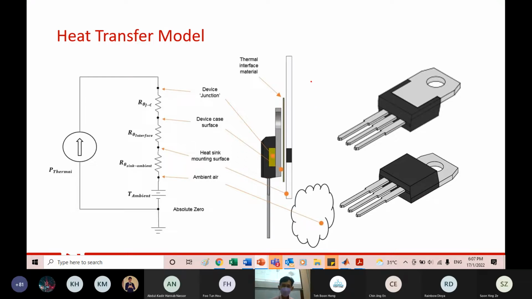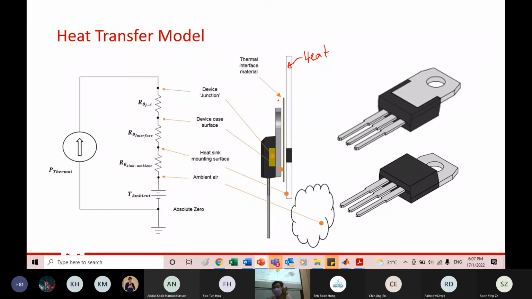Now, when we look at the transistor carefully, we have a heat sink. This is the heat sink to help dissipate the heat. And we always have a thermal interface material, usually thermal gel. It's just like toothpaste, white or a bit transparent, that you can see they inject on the heat sink of a computer.